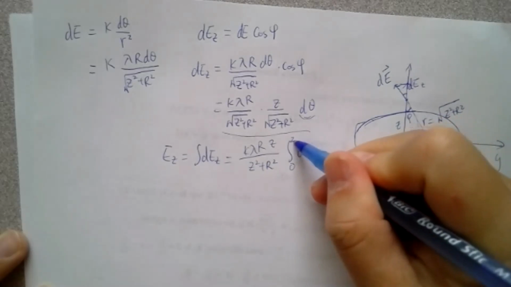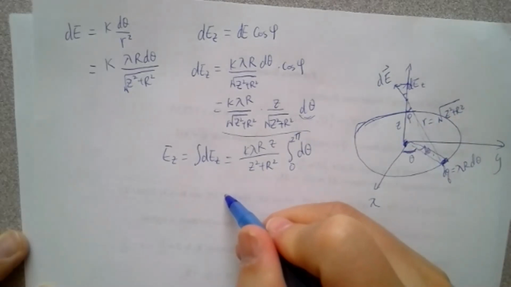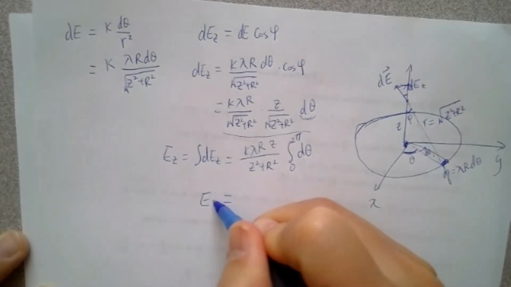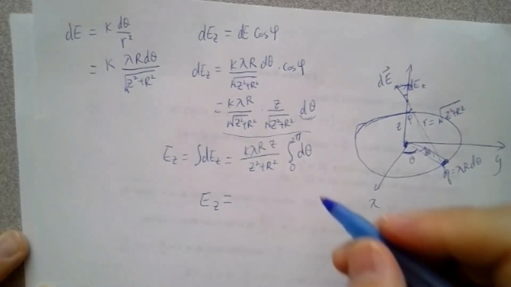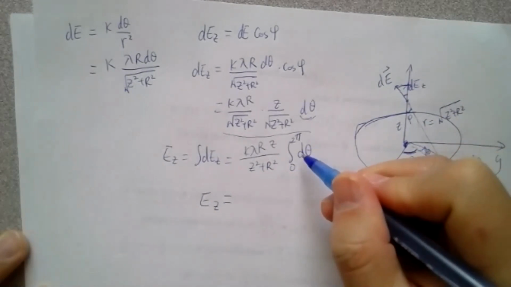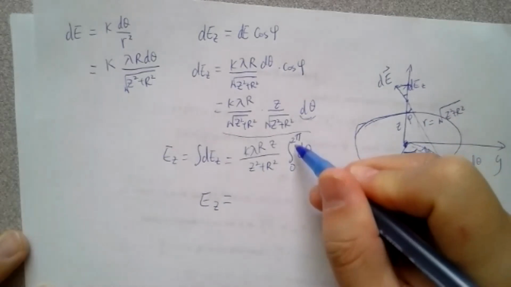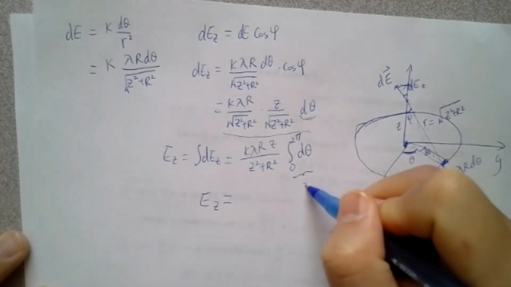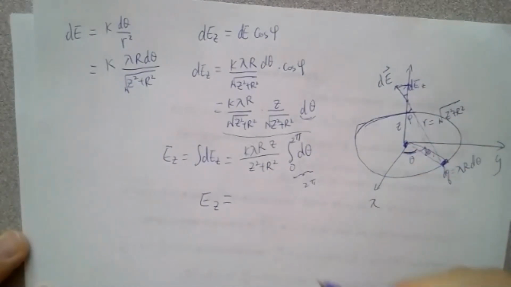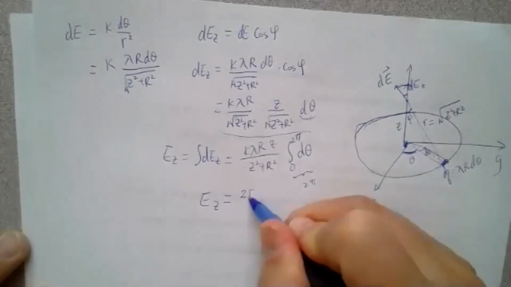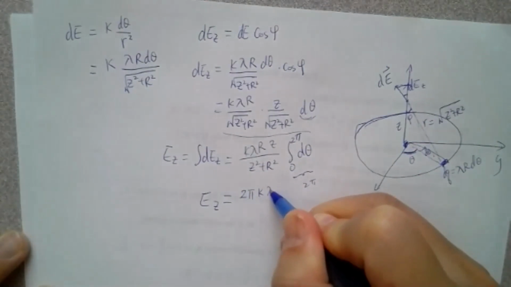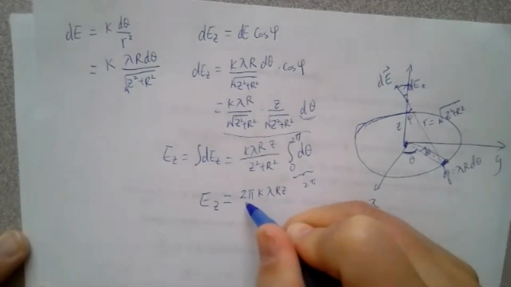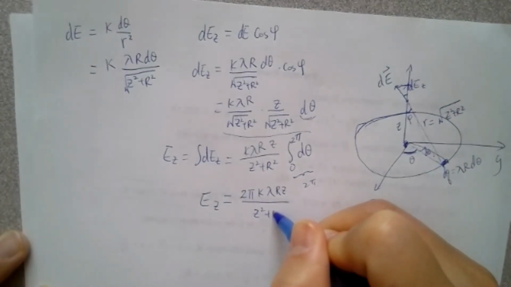So integrating d theta from 0 to 2 pi gives you 2 pi. So this will be 2 pi times K lambda R Z over Z squared plus R squared.